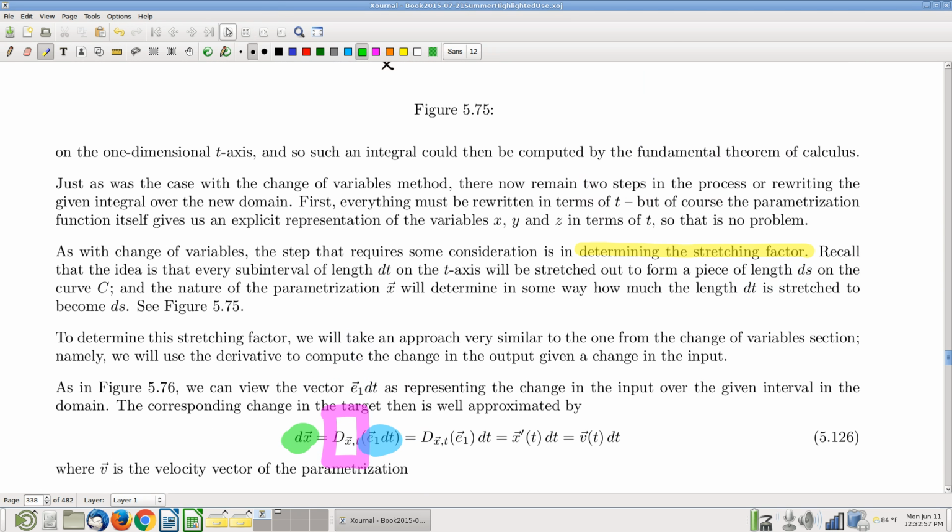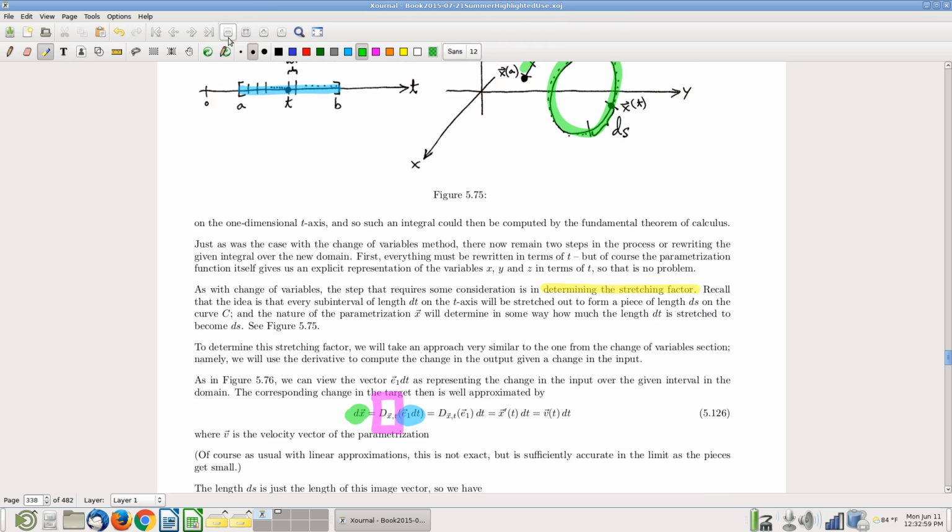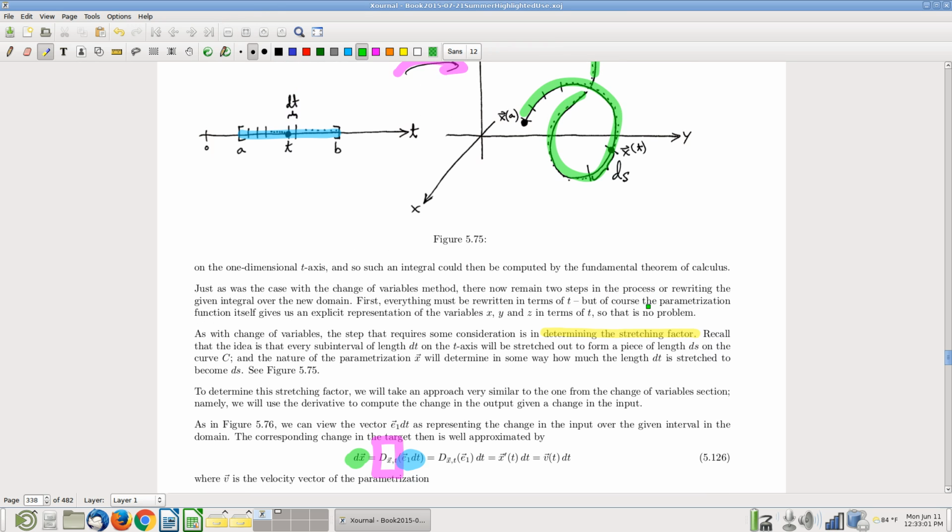Let me zoom out. Right? So, you view this as being the change associated with a certain little tiny vector. This, the vector that sort of follows the curve along that little piece, call that the output vector. They're related by the derivative transformation.